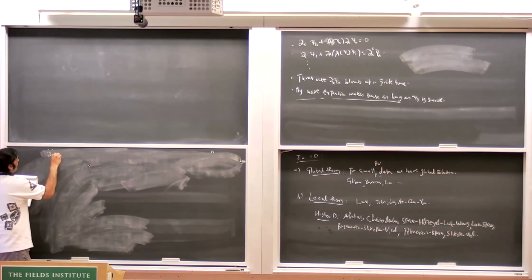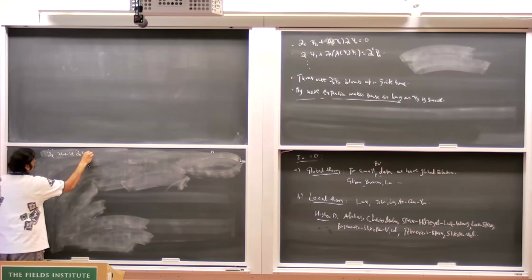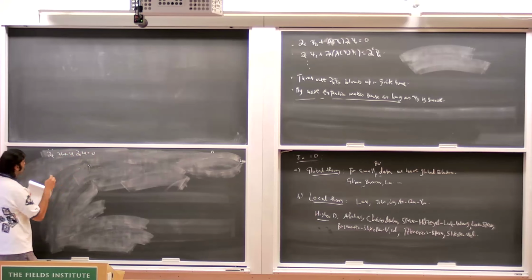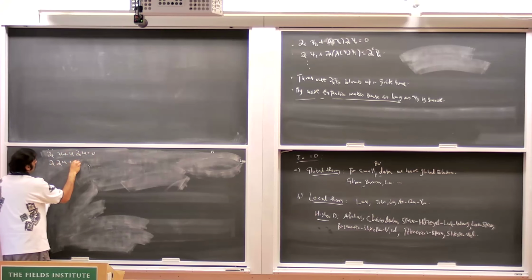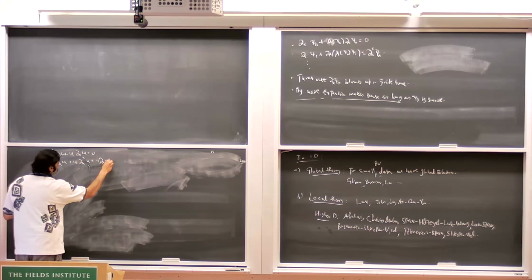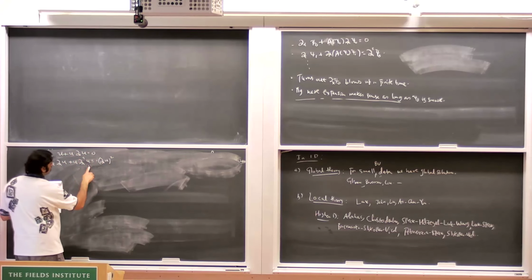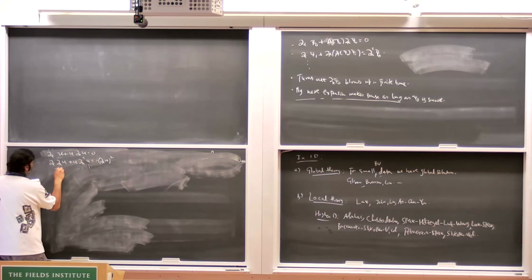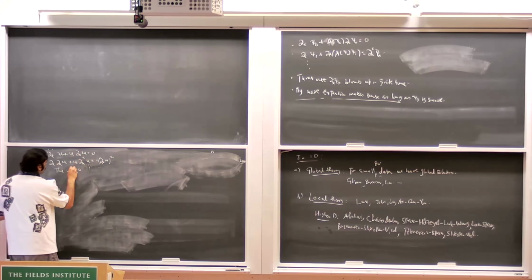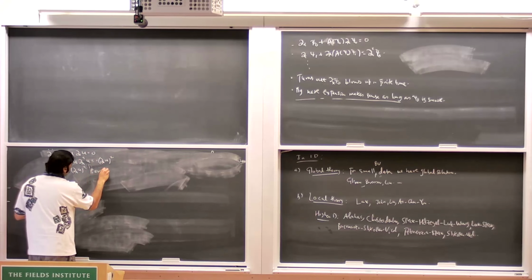If you have the Burgers equation and you differentiate once in x, one can easily see that you get this Riccati term. So if you work in the characteristic coordinates, it causes blow up.